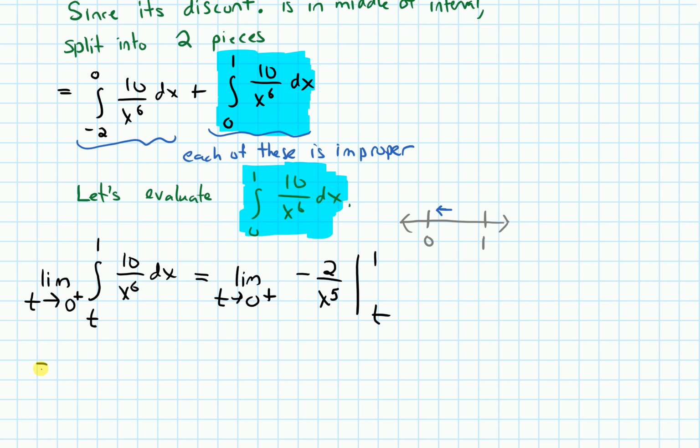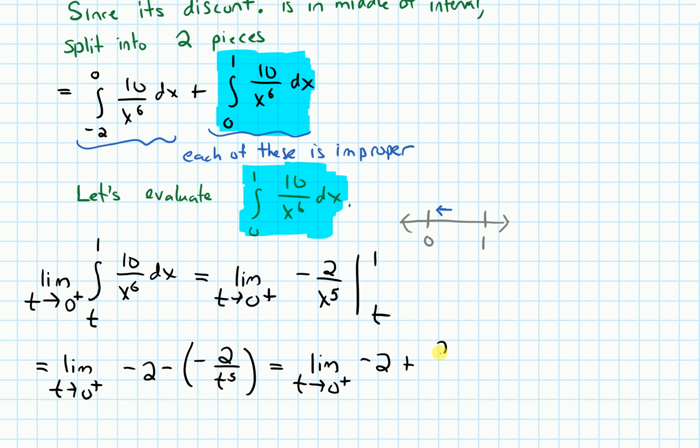So doing that, we get the limit as t approaches 0 from the right. If I plug in 1, we get -2 minus, and now if I plug in t, we get negative 2 over t to the 5, which simplifies, and I get the limit as t approaches 0 from the right of negative 2 plus 2 over t to the 5, because we have that double negative.